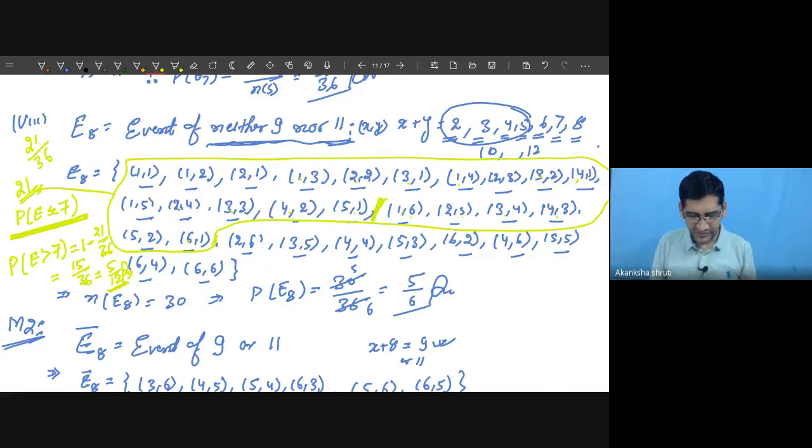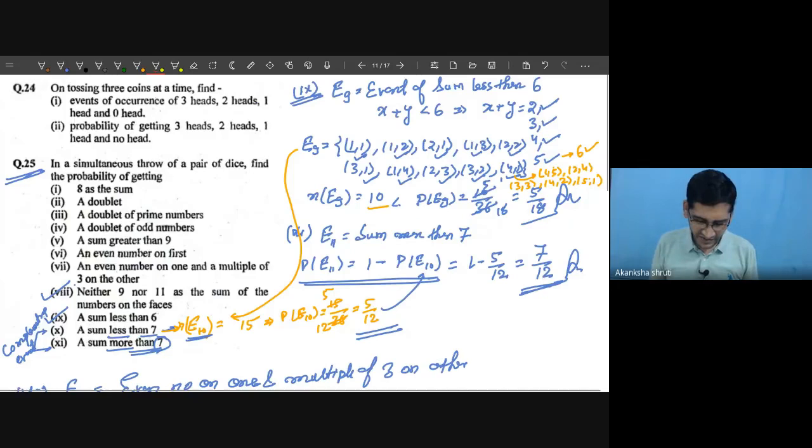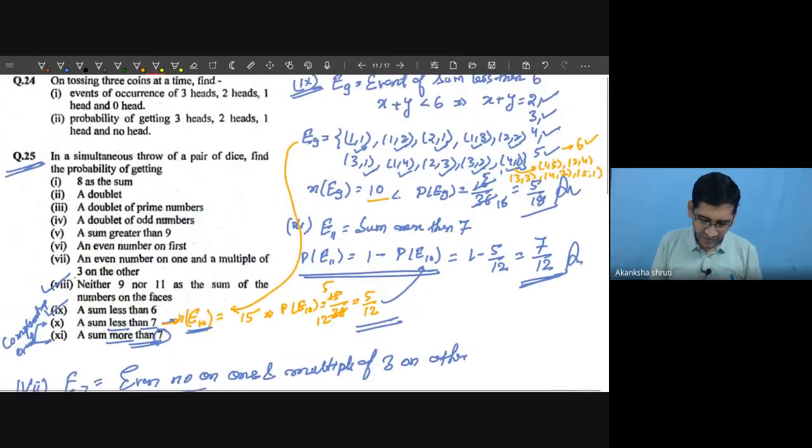Student, be careful. Whatever we have calculated, 5 by 12, it cannot be for more than 7. It is for not less than 7. If the question is like this, student, slightly change this question.